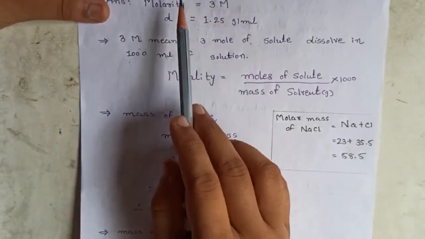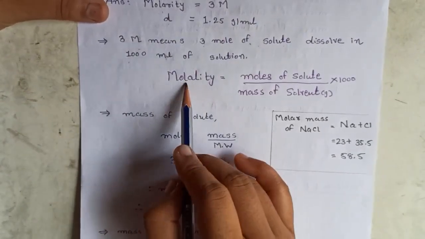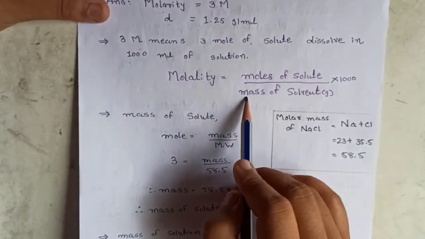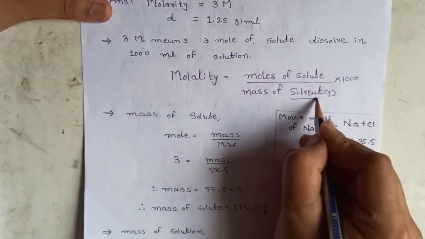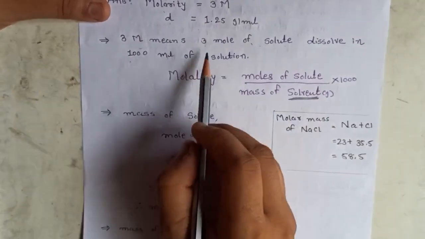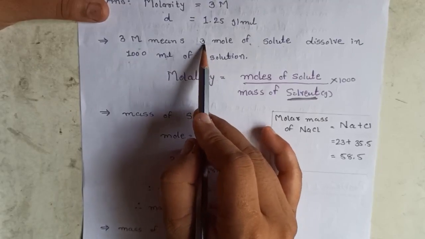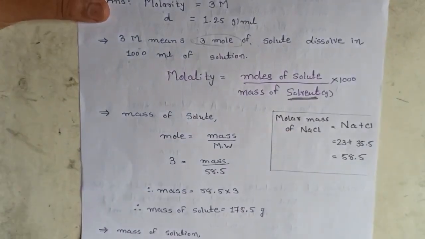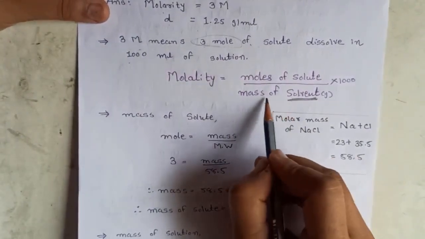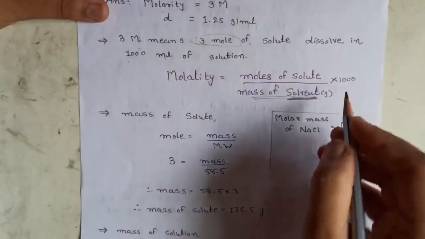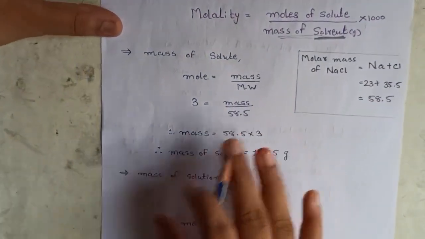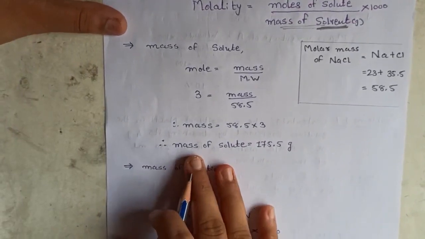Now we have to find out the molality, and molality formula is moles of solute divided by mass of solvent, right? So here moles of solute is given in question, but we have to find out the mass of solvent, right? And so first of all we find the mass of solvent.